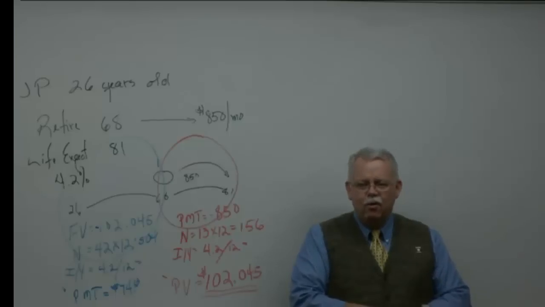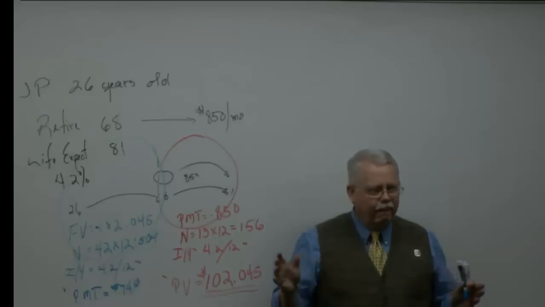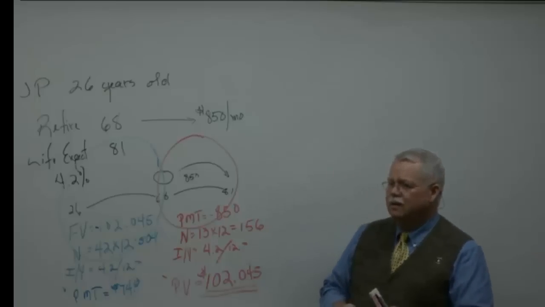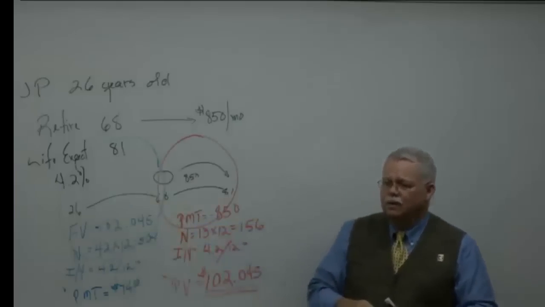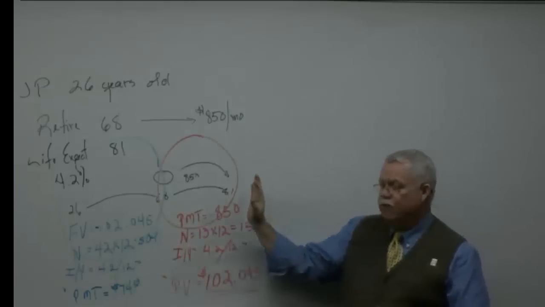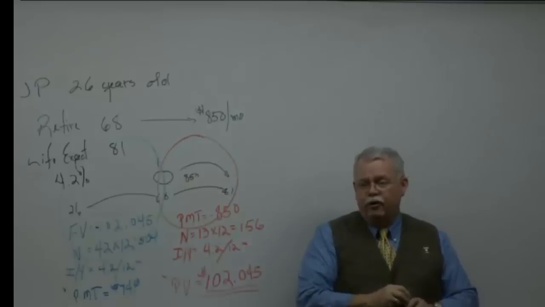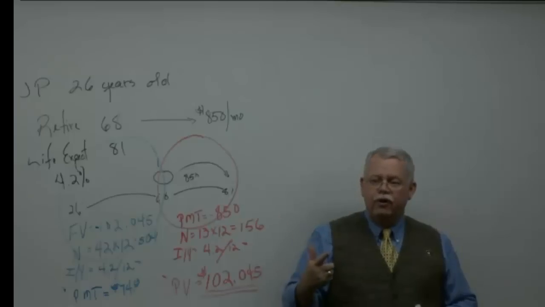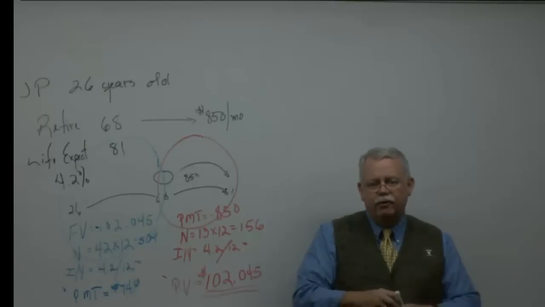Can I continue, or does anyone want me to review any piece of this? So the key thing to know is you've got two different sets of ages. The time frames tell you you've got two parts to the problem. You must work from the future to the present. If you would create a problem like this on your own and post it on the discussion forum, it'd be interesting to see how many people worked it and came back with the same answer.